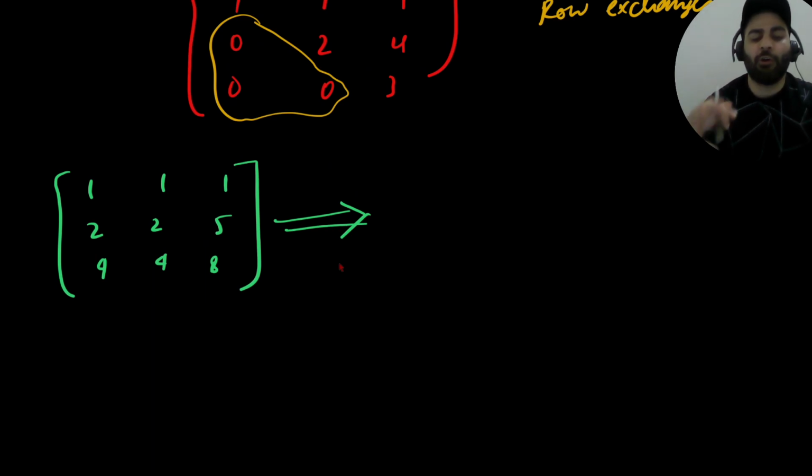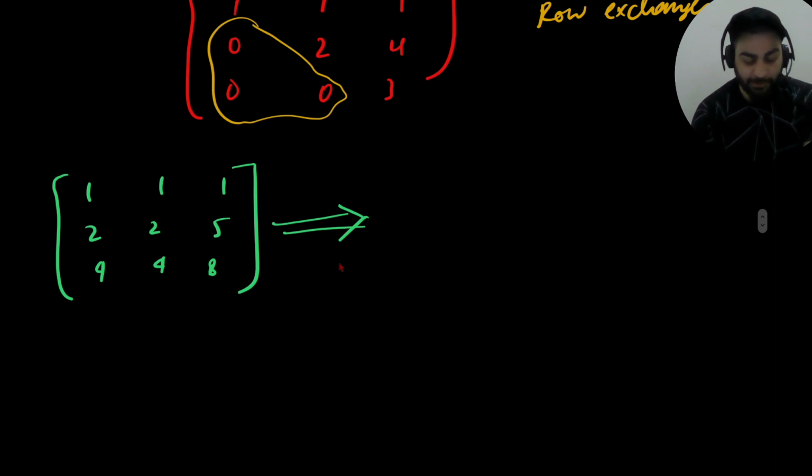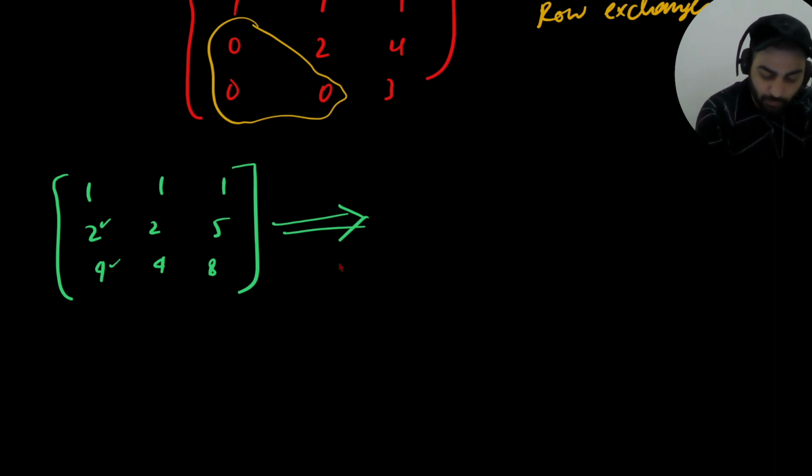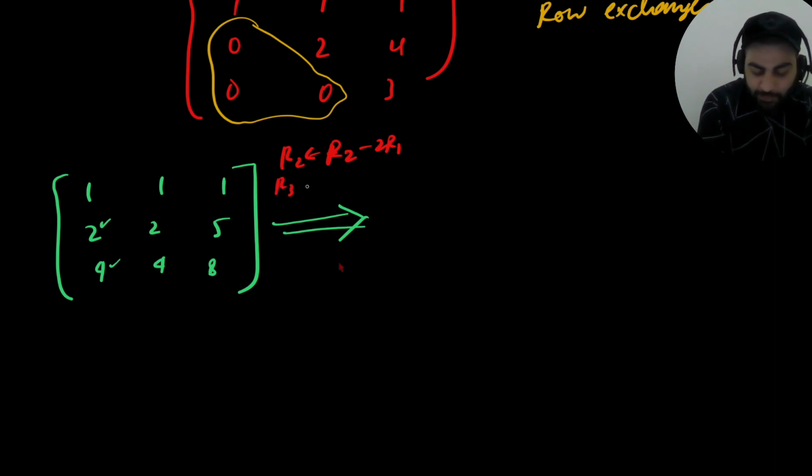In the first case, where one of the pivots becomes 0, we can cure that case by just exchanging the rows. And the second case, where this gets incurable, is that if, let's suppose, we perform an elementary transformation where we want to get this entry and this entry as 0: R2 will become R2 minus 2 times R1, and R3 will become R3 minus 4 times R1.